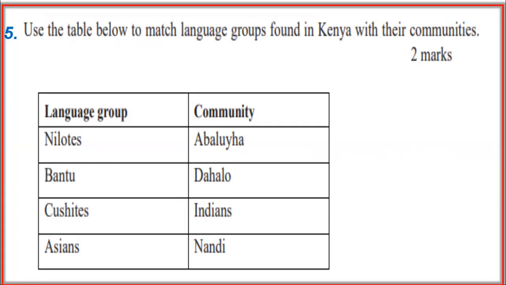When you come to the Bantus, they came from Congo Forest. That was their original homeland. We have Western Bantus, which include Abaluya, Abakuria, Abasuba, Abagusi. All those are Bantus. They live in Western Kenya. Then we have the Kushites. We have Dahalo.